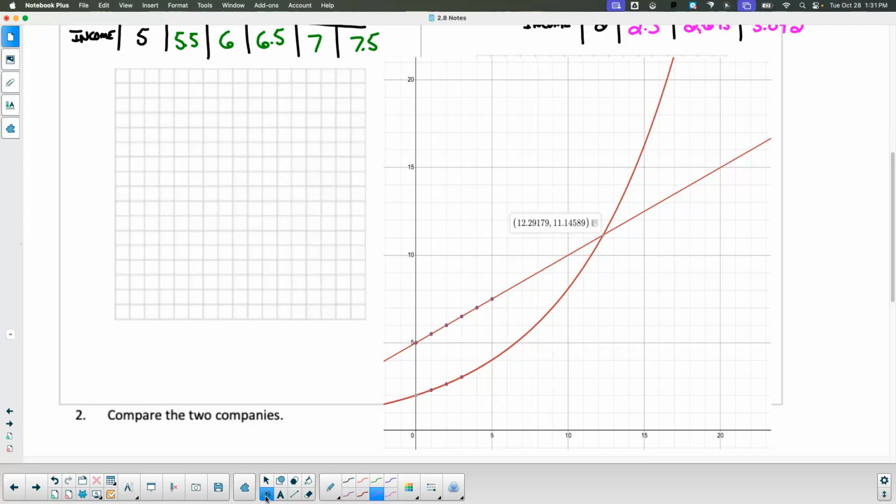Okay, so this one here is Calculorama. And what's the other one? Computafest. Okay, so that's what those two are. So, the first question that it's asking us is to compare these two companies.